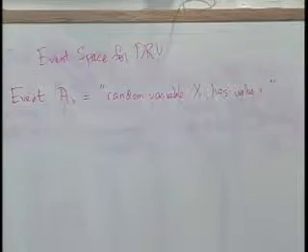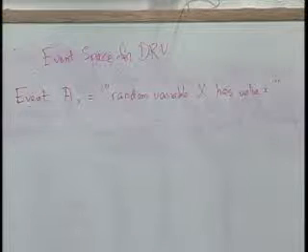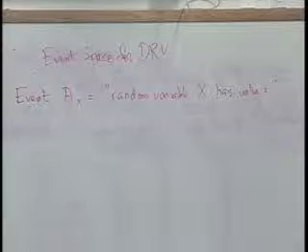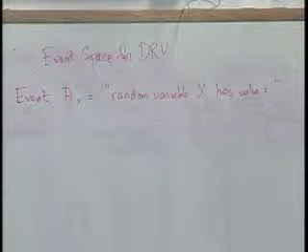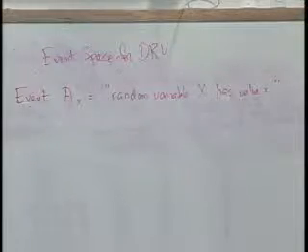So, for example, if capital X is the number of aces in your bridge hand, and you pick up your hand and see the ace of spades and the ace of hearts, but neither of the other two aces, the event A sub 2 has occurred. If your strontium-90 nucleus finally decays in the year 2050, the event A 2050 has occurred, and so on.